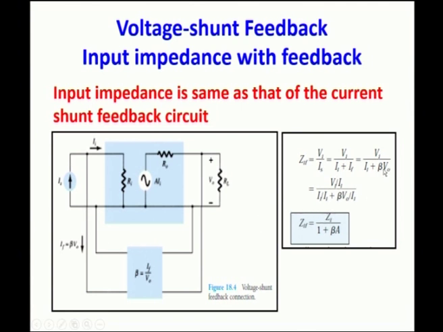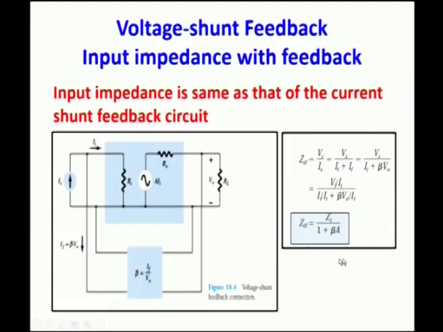When you divide both the numerator and denominator by Ii, Vi by Ii can be taken as Zi, the impedance without feedback, and V naught by Ii can be taken as the gain without feedback. So, Zi by 1 plus beta A is the overall input impedance, and when you compare it with the impedance without feedback, the impedance without feedback is reduced by the factor of 1 plus beta A.